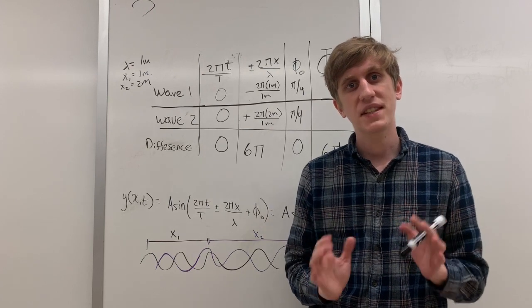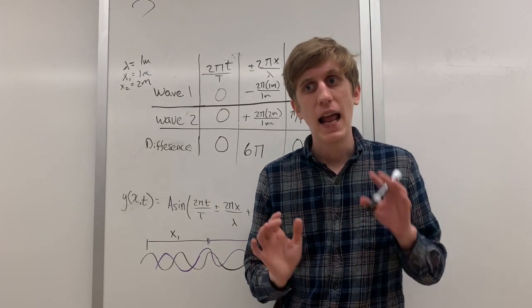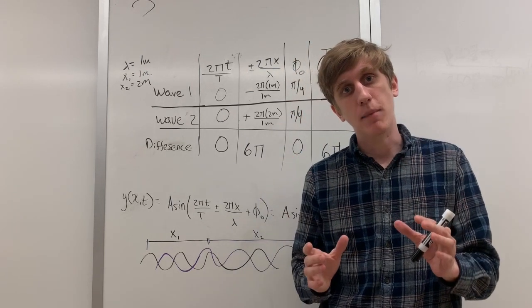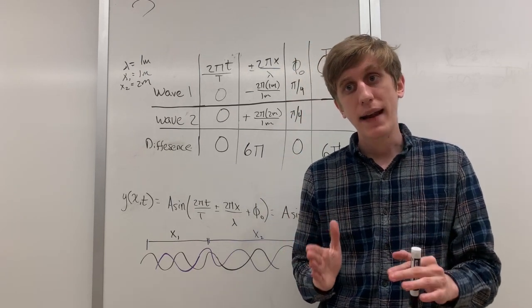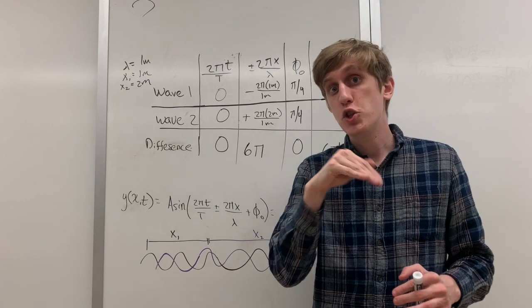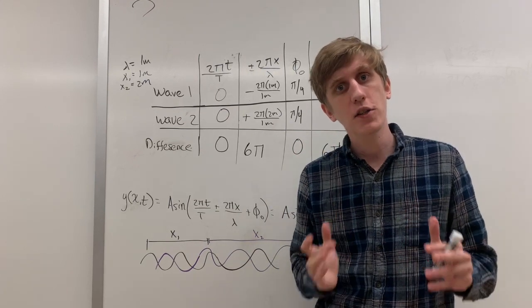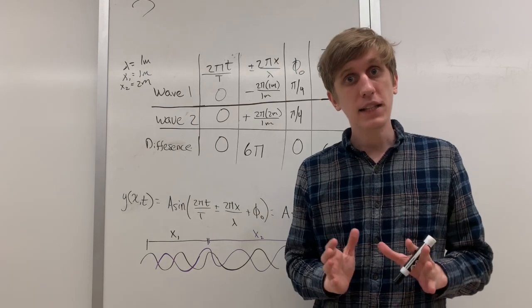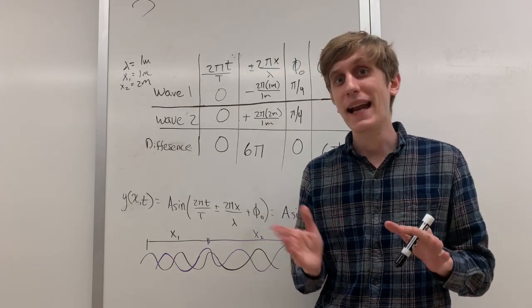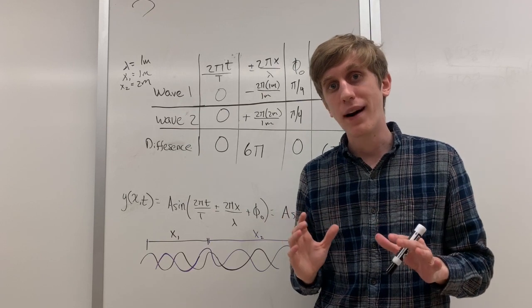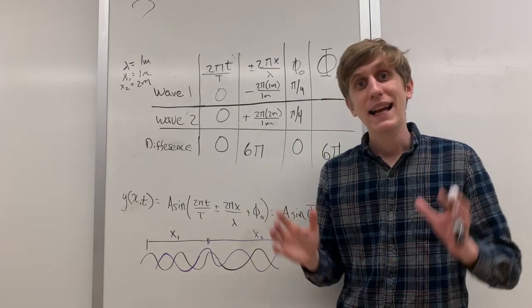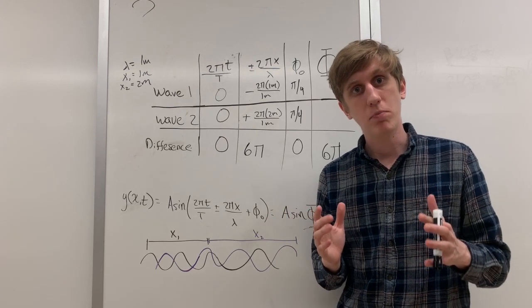Let's recall that the sine function repeats itself every 2 pi. If we have one wave that's at a maximum and a second wave that has a phase that is 2 pi greater than the first wave, then the second wave will also be at a maximum. We can continue adding as many 2 pi's as we want, and this will always be the case. 6 pi is a multiple of 2 pi.